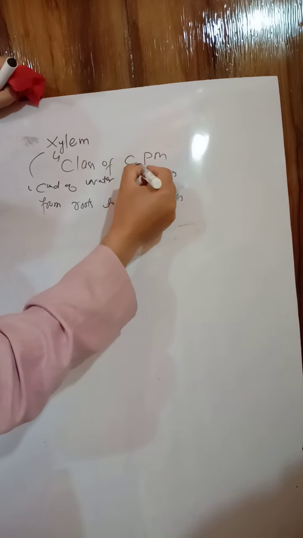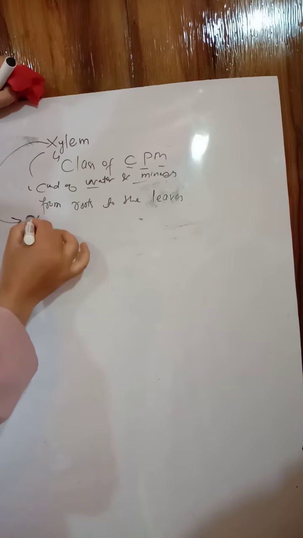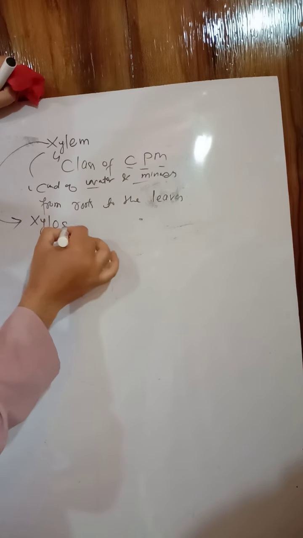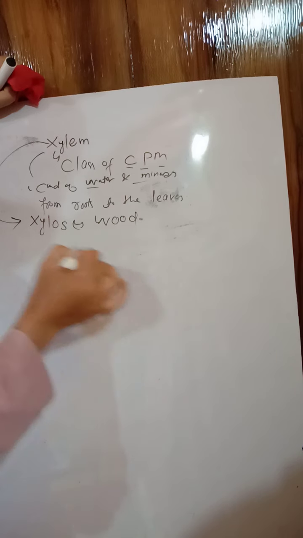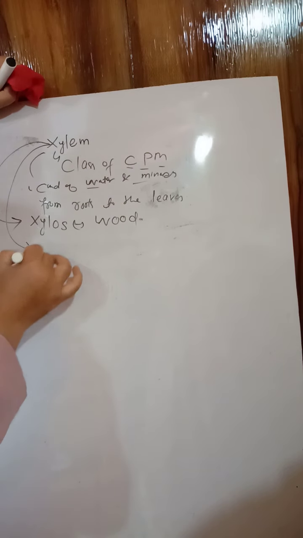That means the class of tissue xylem is complex permanent tissue and it helps us in the conduction of water and minerals. The term xylem is derived from a Greek word xylos, which means wood. The term xylem was coined by Nageli.